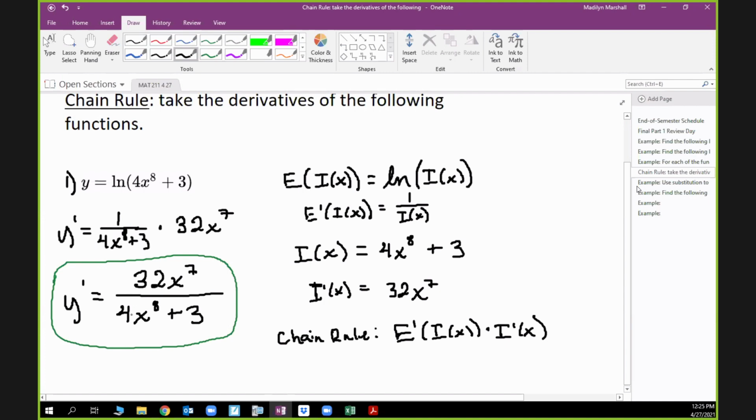So 32 and 4 would reduce, and x to the 7th and x to the 8th could reduce, but that 3 is over here with none of those common factors. So that's preventing any reducing from happening. If that 3 were a 4, we could reduce because then there would be a 4 common in all of the terms.